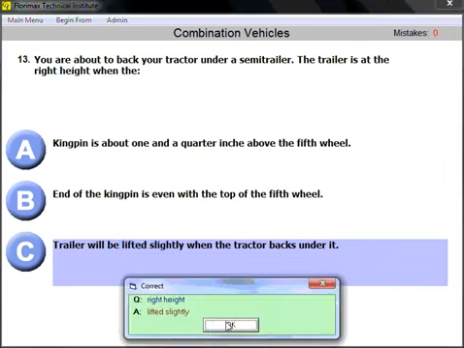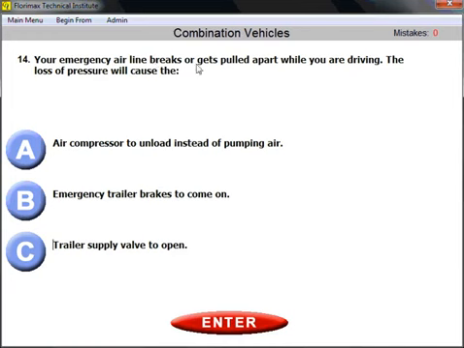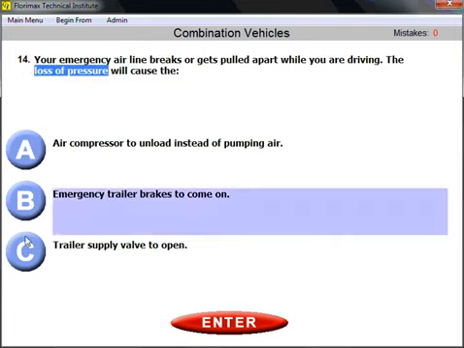Question number 14. Your emergency airline breaks or gets pulled apart while you are driving. Now you got it. Emergency airline brakes. In this case, the loss of pressure will cause what? It will cause the emergency trailer brakes to come on.